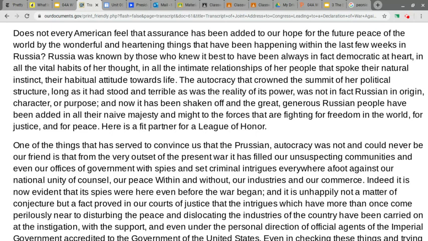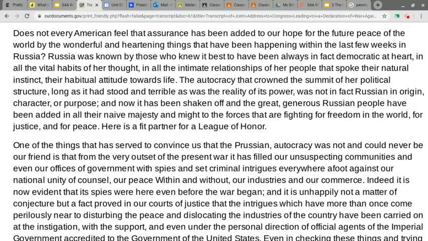Russia was known by those who knew it best to have been always, in fact, democratic at heart, in all the vital habits of her thought, in all the intimate relationships of her people that spoke their natural instinct, their habitual attitude towards life. The autocracy that crowned the summit of her political structure, long as it had stood and terrible as it was, was not in fact Russian in origin, character, or purpose.